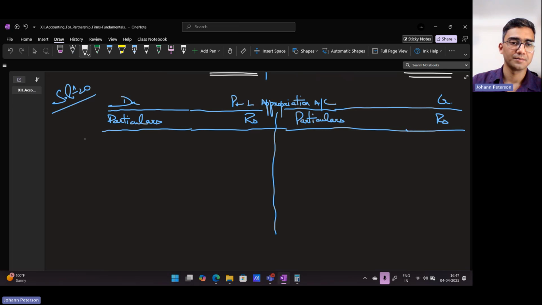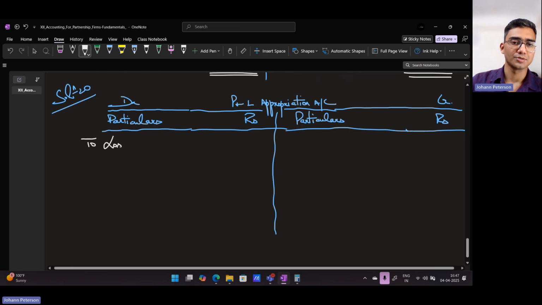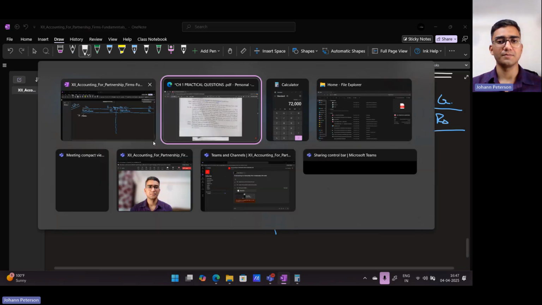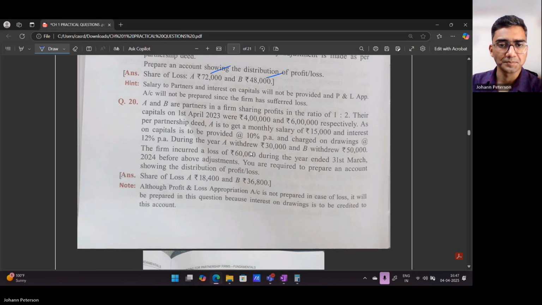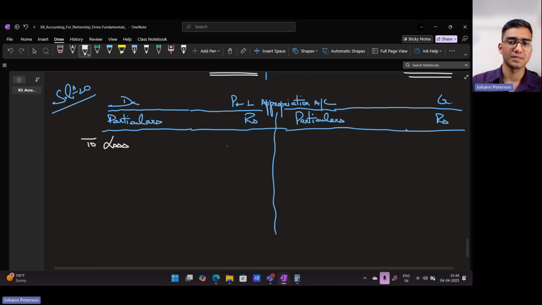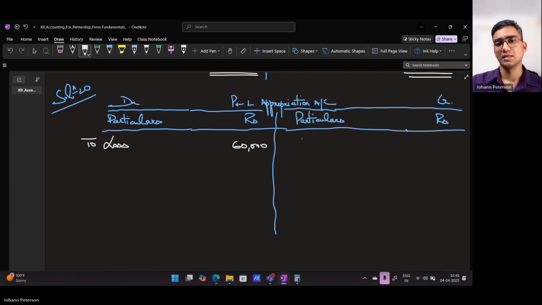So I'm going to write to loss. The amount given is 60,000 during the year before the adjustments. And among the adjustments, there is nothing which is a charge against profit. So I'm just directly going to show this on the debit side. So 60,000 is what I write here.